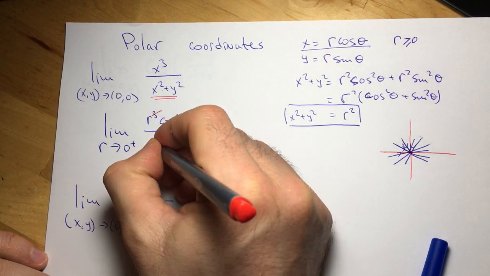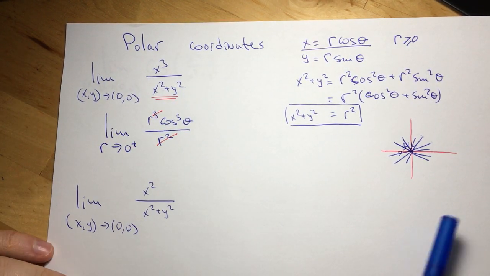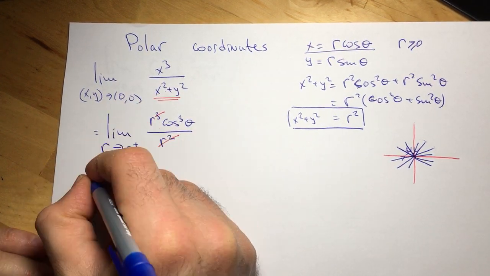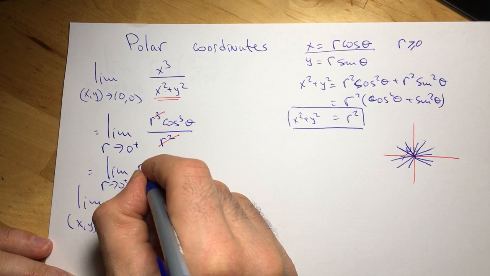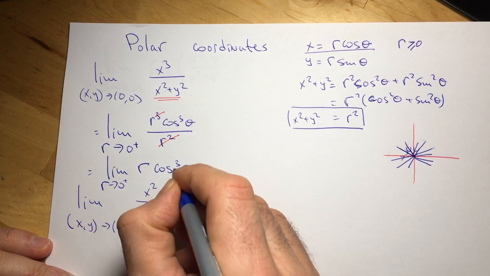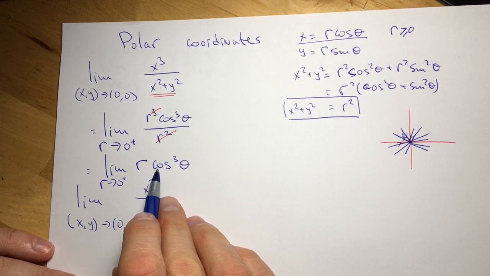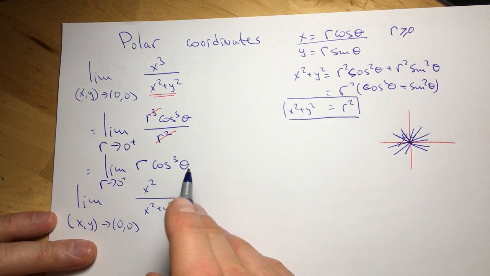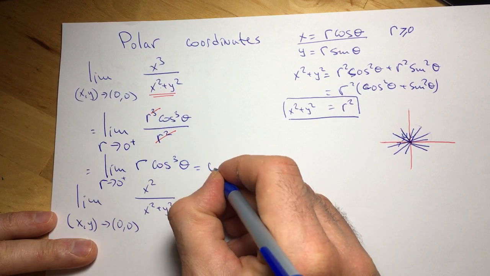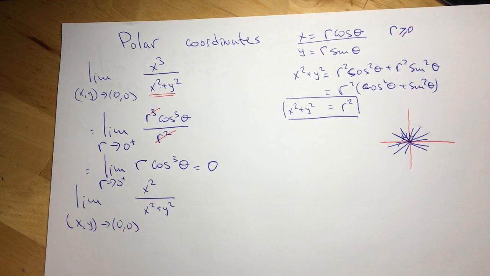So we simplify this expression. You get the limit as r approaches 0 from the right of r times cosine cubed of theta, and no matter what cosine cubed of theta is, it can be between -1 and 1, times 0, this limit is equal to 0.